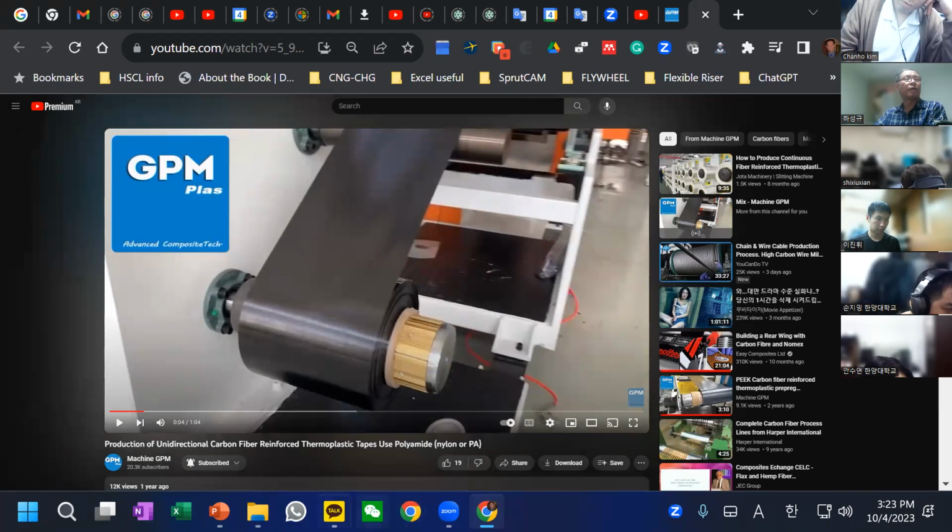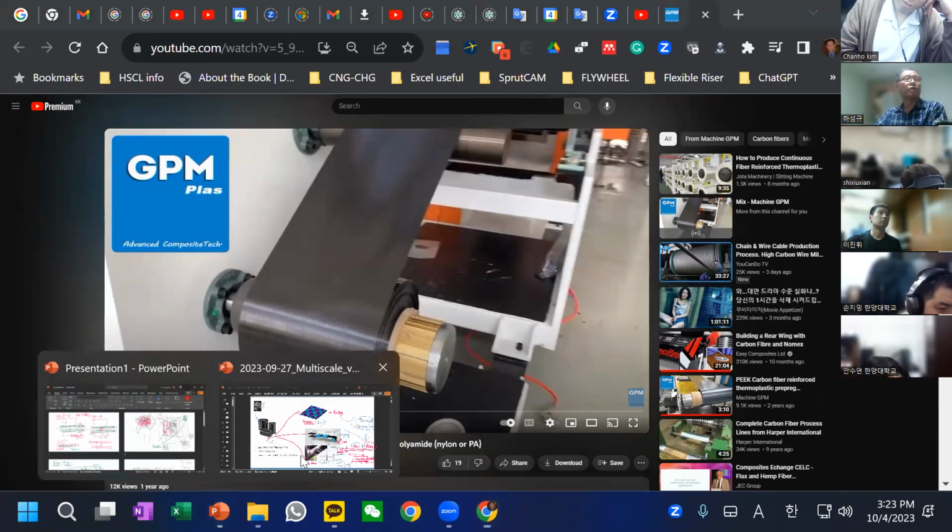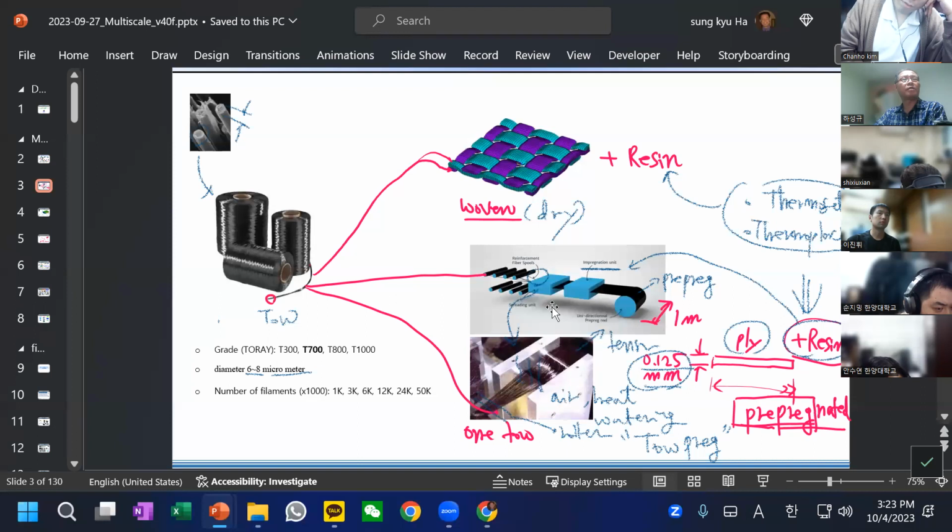Again, compared to here, this represents this process. We have a lot of tow bobbins, and from each we have a tow and spreading.